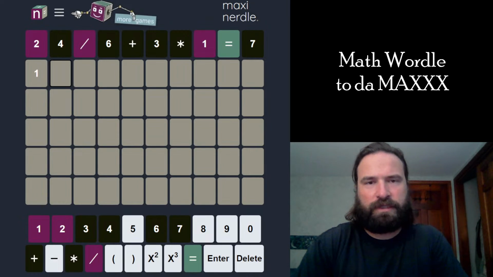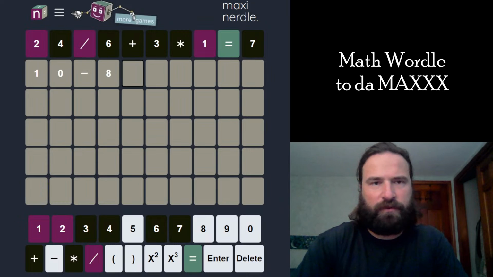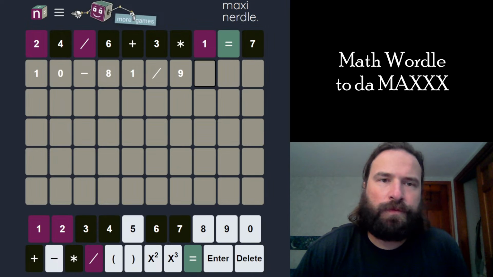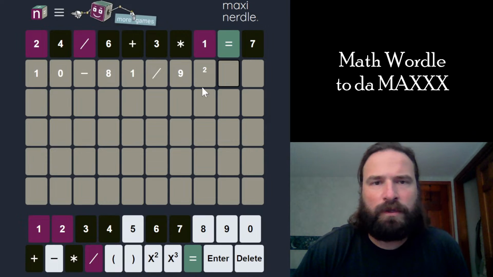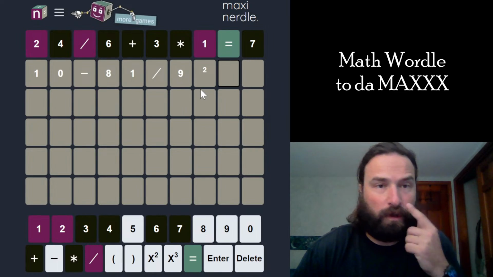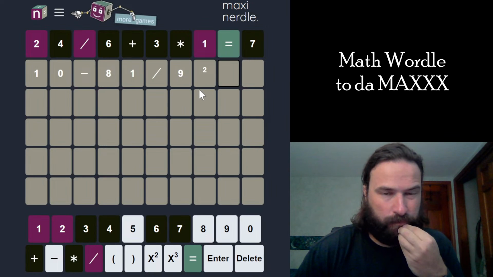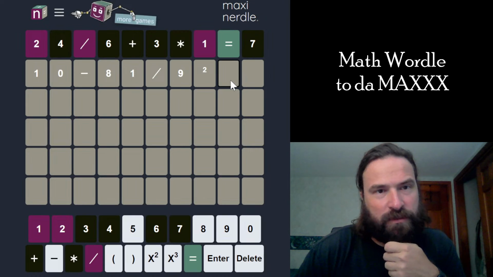So if I were to do 10 minus 81 divided by 9 squared. So 81 divided by 9 squared is going to be 0, right? Or sorry, 1. So this equals 9.